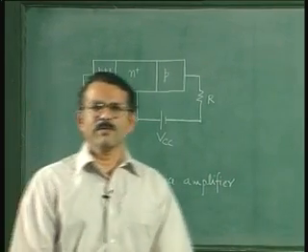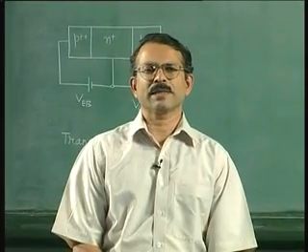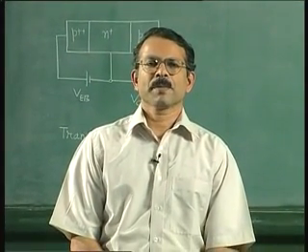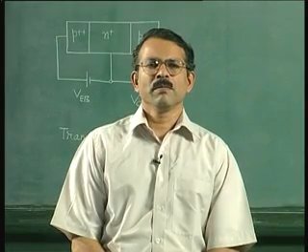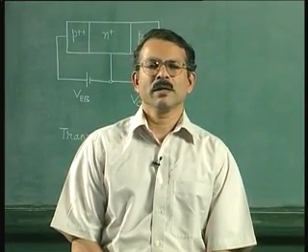As we will see in today's lecture, you can also regard the bipolar transistor as a current amplifier, but fundamentally there are a lot of advantages to be gained if you regard it as a transconductance amplifier.